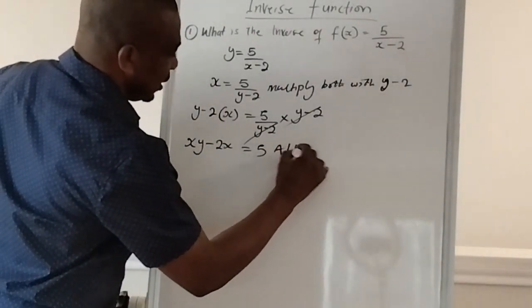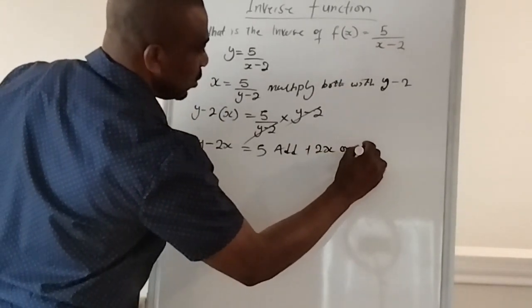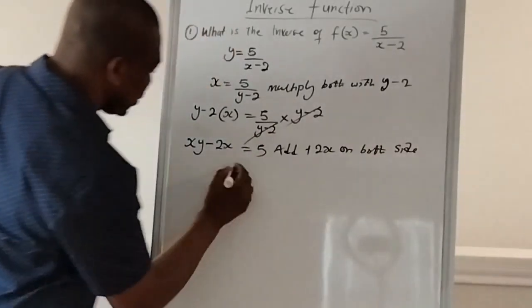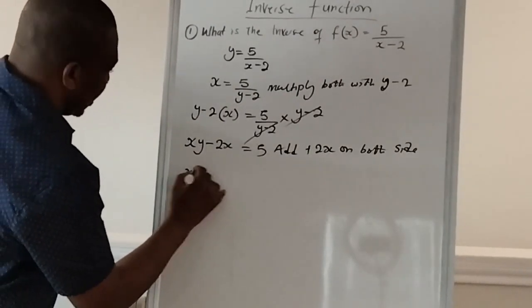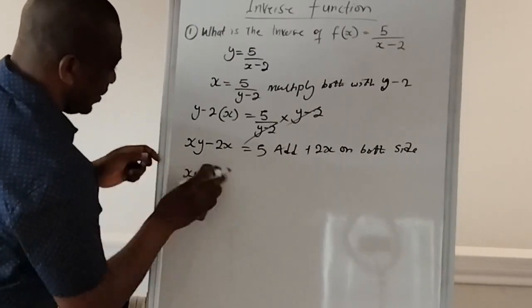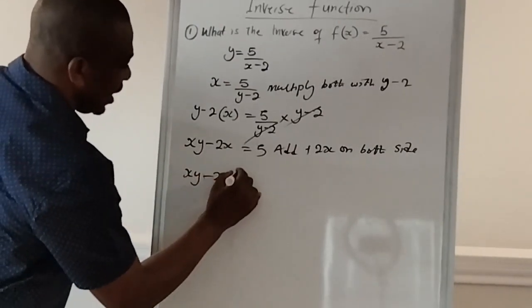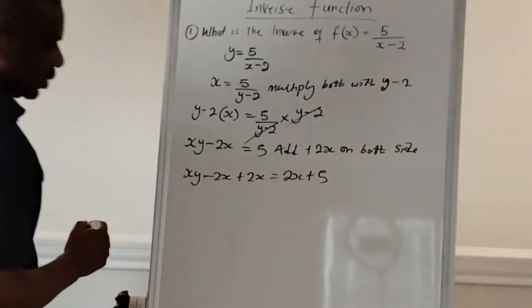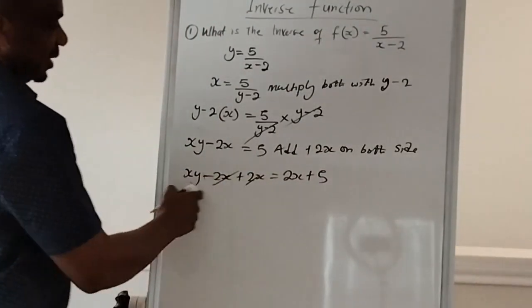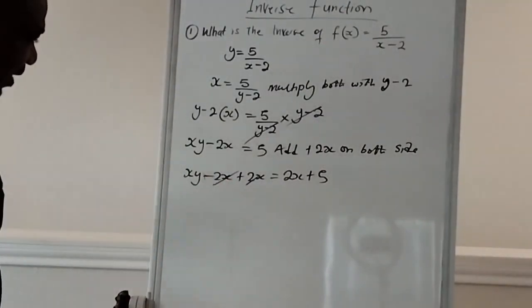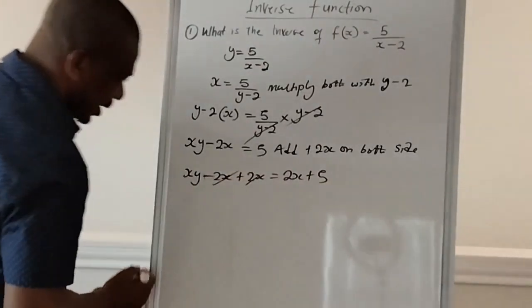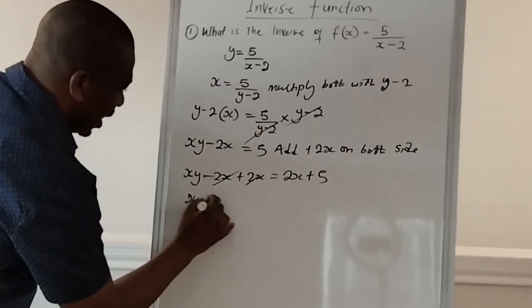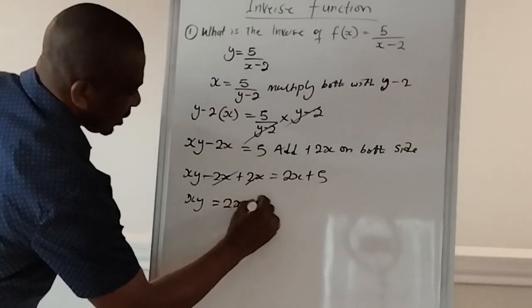So xy minus 2x plus 2x equals 5 plus 2x. Minus 2x plus 2x cancels out, so those 2x are gone, and we're left with xy equals 2x plus 5.